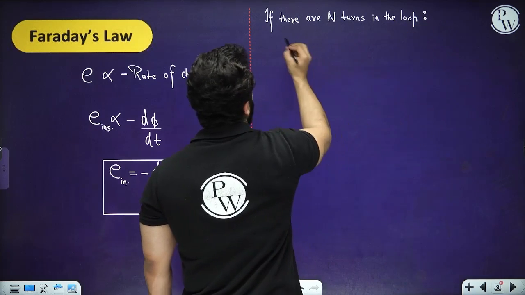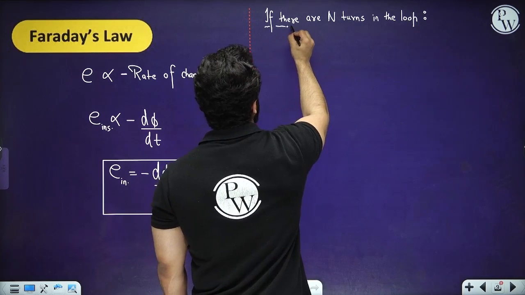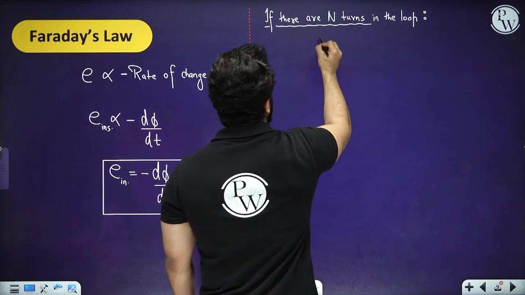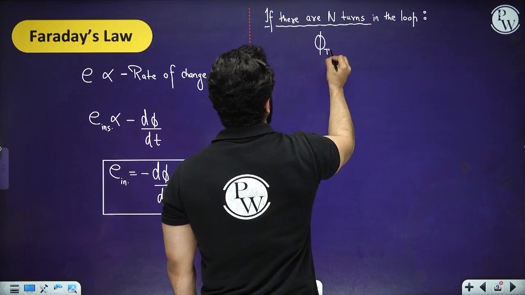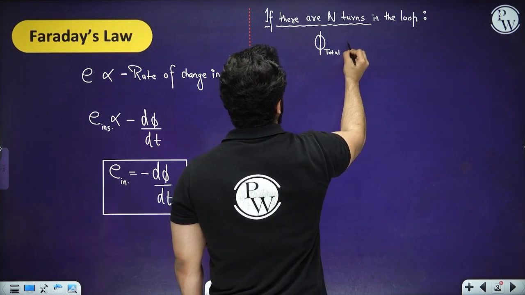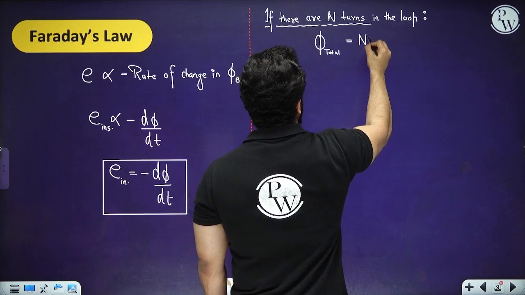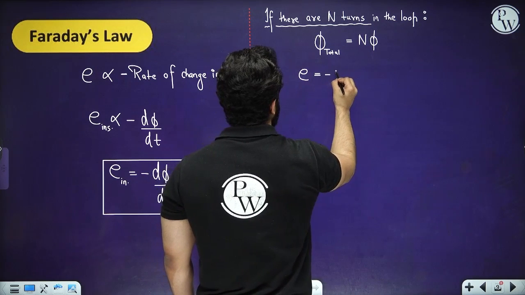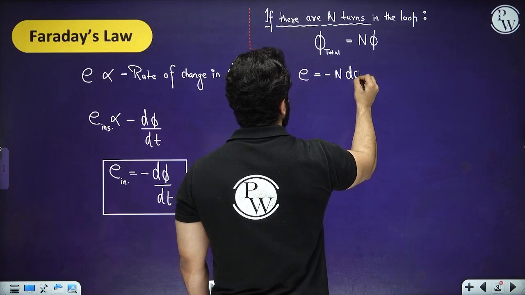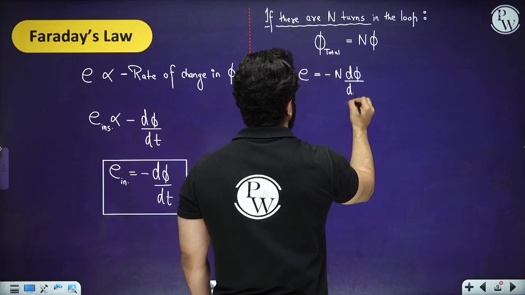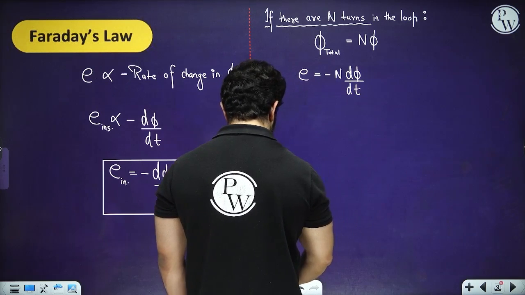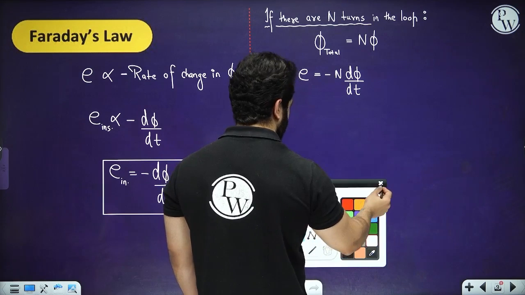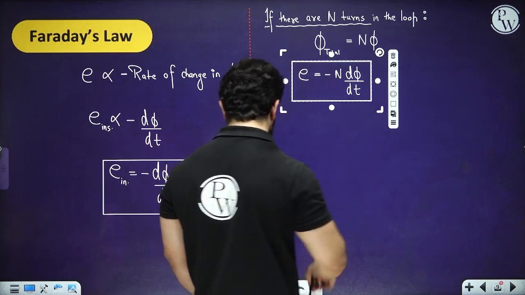So if there are n turns in the loop, the total flux will become nΦ. That means the induced EMF will become minus n dΦ by dt.